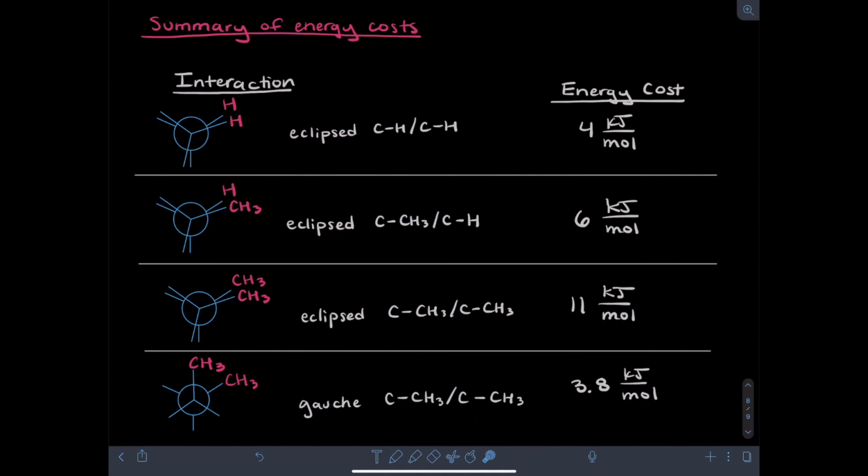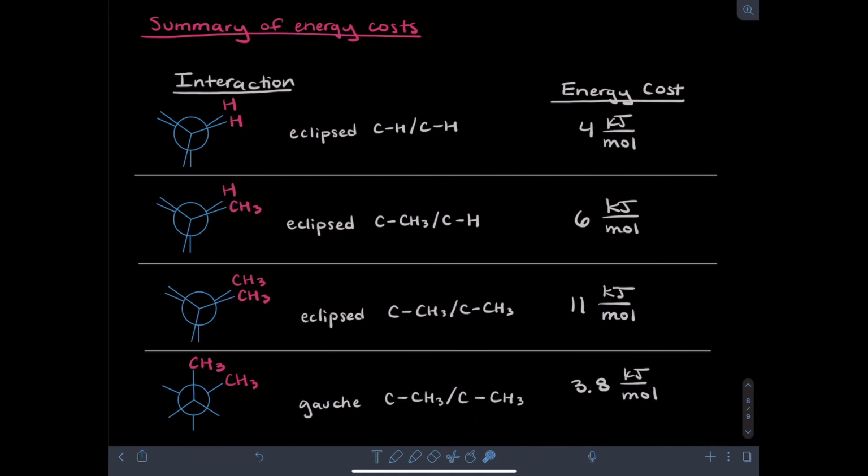Having 2 eclipsed methyl groups, or a carbon-methyl bond directly in front of another carbon-methyl bond in my Newman projection, has the highest energy cost we've seen so far, of 11 kilojoules per mole. And the only instance we've seen so far of an energy cost for a staggered conformation is when you have the gauche conformation, or 2 methyl groups 60 degrees apart from each other. This has an energy cost of 3.8 kilojoules per mole.